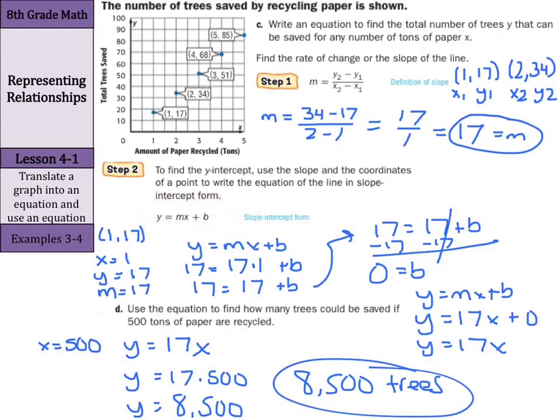We picked one of our points, and we picked 1 and 17 as our x and our y. We used our calculated slope of 17. We set up our equation and we solved for b. And in this question, b was 0. So we had our equation y equals 17x plus 0, or just y equals 17x. That's the equation of that line. Now, using that equation, we could put in the 500 for x and calculate our 8,500 trees.